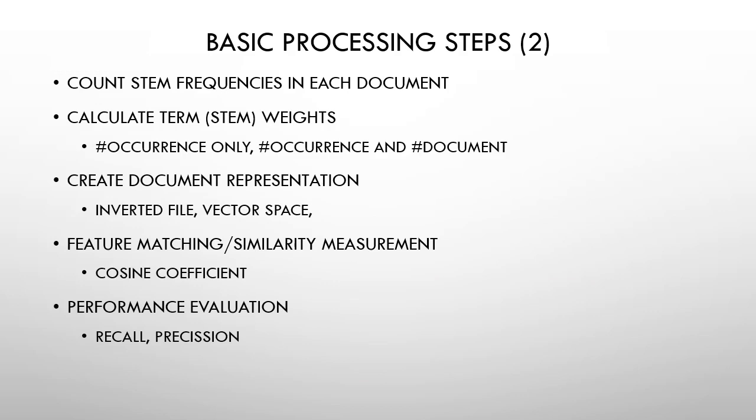Then we count the stem frequencies in each document. If the number of appearances of a particular stem or term is 5, then we add 5 as the frequency of appearance. Then we calculate the weight, and the way we calculate the weight might be based only on the occurrence.